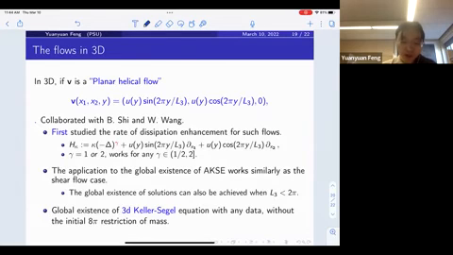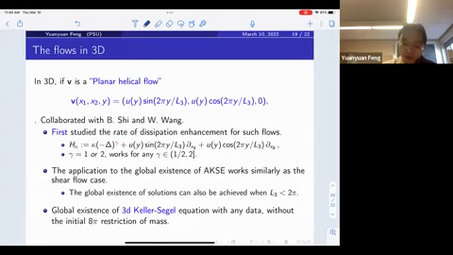So that solves the case in 2D. What about in 3D? In 3D, the shear flow would not work, because the kernel space of the shear flow in 3D is going to be two-dimensional.